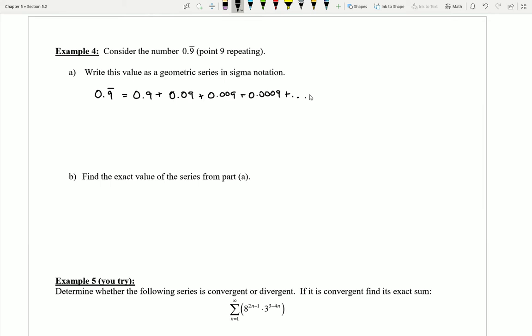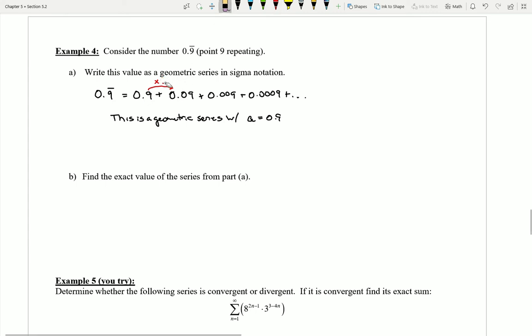Now, what I can see that is kind of interesting here is that this is a geometric series with our value of a being 0.9, right? Notice that is the first item in the list. And remember that the value of r is the value that I would multiply by in order to get from one value to the next.